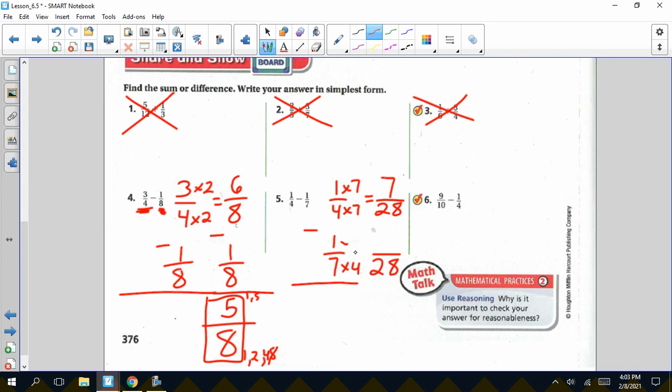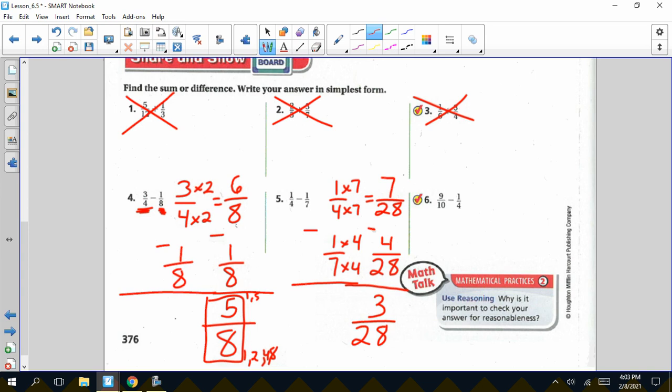So I do the same to the numerator here. 1 times 4 equals 4. Once my denominators are the same, I can then go ahead and subtract. 7 minus 4 equals 3, and our denominator does not change. It is still 28.